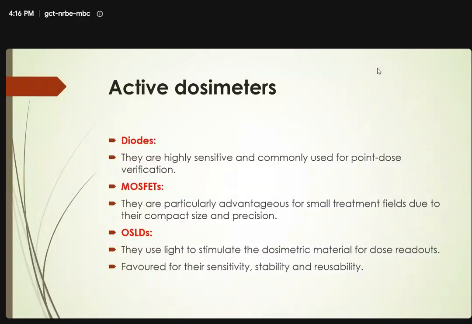And OSLDs use light to stimulate the dosimetric material for dose readouts, and they are favored for their sensitivity, stability, and reusability.